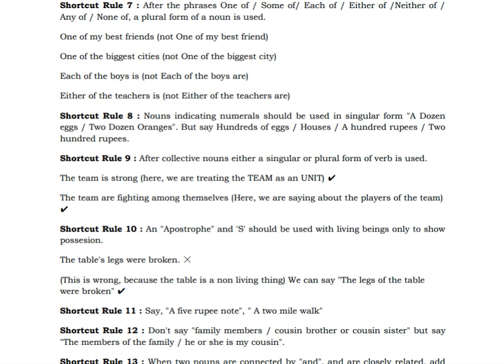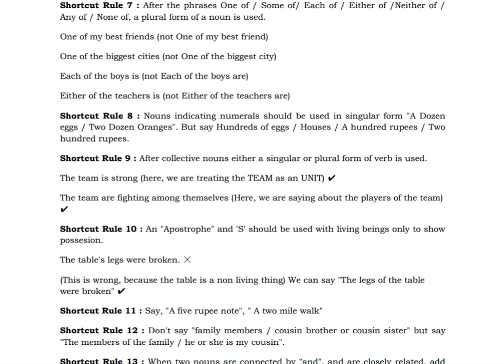Let's see the example. One of my best friends, one of the biggest cities, each of the boys. So each, whenever it comes, it has to be singular form of the verb. Either of the teachers is. Noun has to be plural, but the verb form has to be singular.